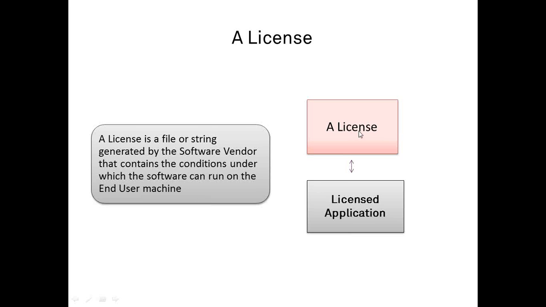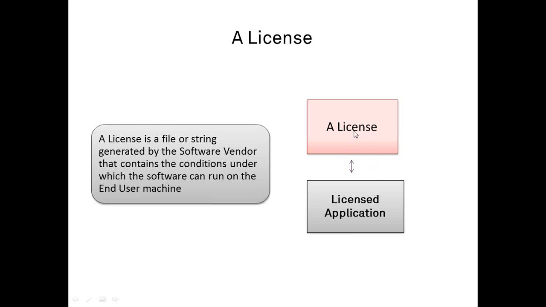We know about license in general, but when talking about license in Sentinel EMS Enterprise product, we are talking about a file, or maybe a string or a digital permit that is created by the software vendor. The software vendor, the one who has created the application and has done the protection for this application so that it will be working only with this license.